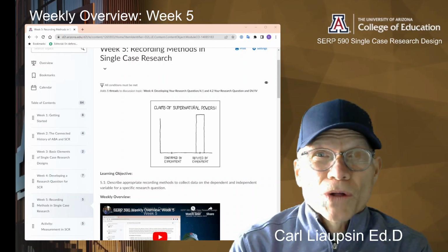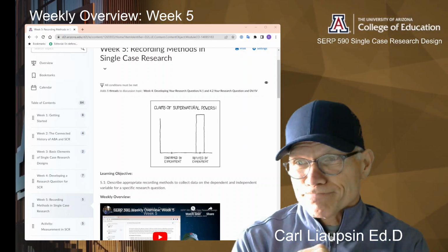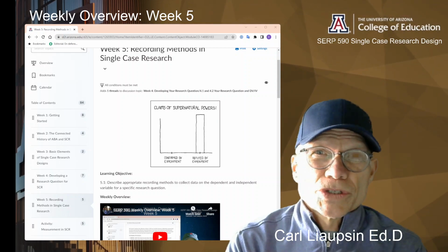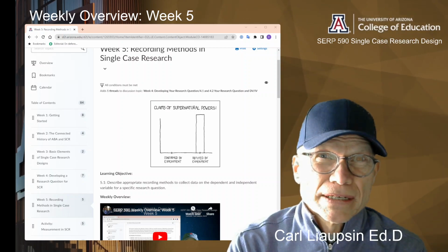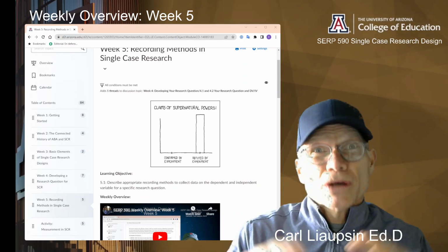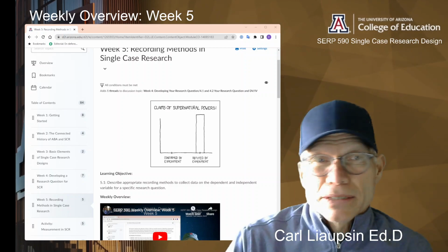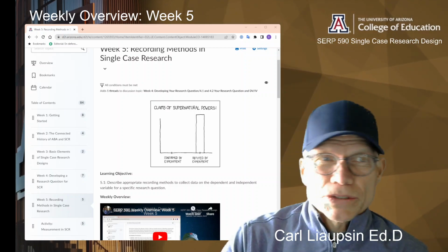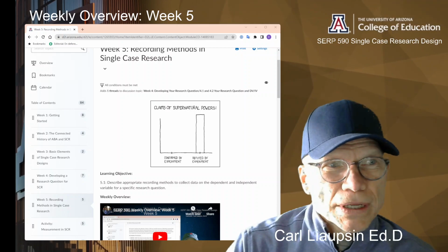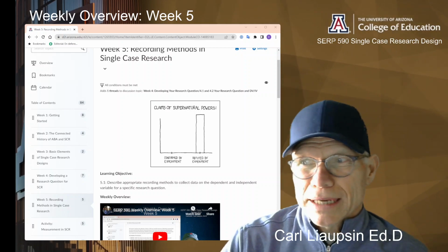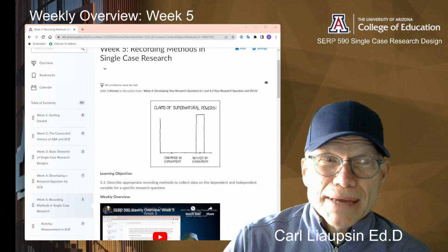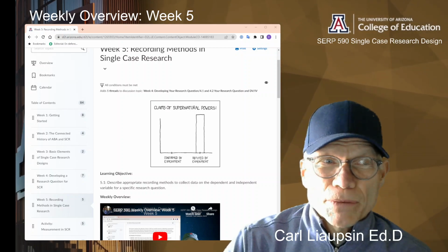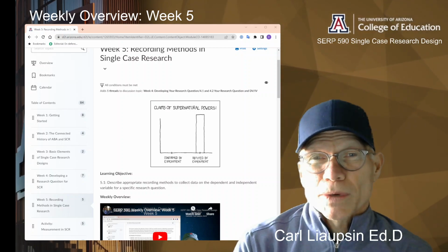We'll talk about all three of those this week, and I will introduce you to the real complexity in collecting data across a single subject study. So the learning objective this week is to describe appropriate recording methods to collect data on a dependent and independent variable for a specific research question.